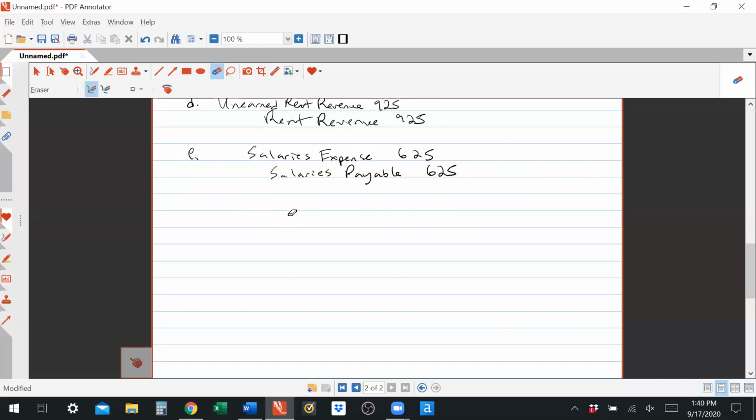Wages are monies that you pay an employee that depend on how many hours they work. So that's wages expense to you. But you can use the terms interchangeably if you want, and I won't be too much of a stickler on salaries versus wages. But you should get in a habit of trying to be as particular as you can about that.